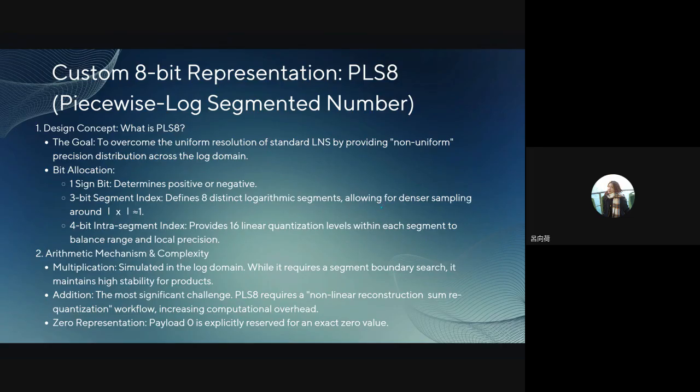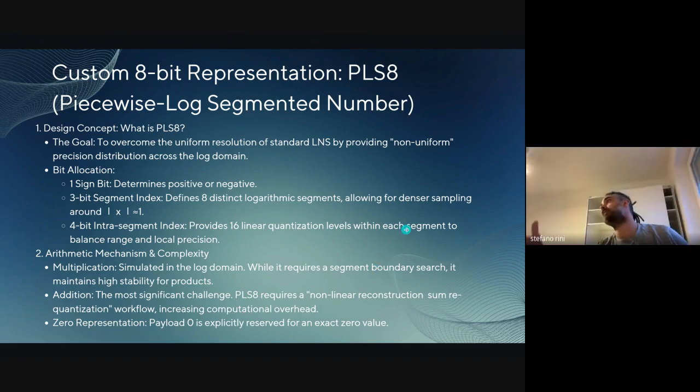We allocate one sign bit to determine positive or negative, 3 bits to define 8 distinct log segments, and a 4-bit intra-segment to provide 16 linear quantization levels within each segment, to balance range and precision. So you split the log range apart, and then you have uniform intervals in between the log intervals. Okay, very good. Go ahead.